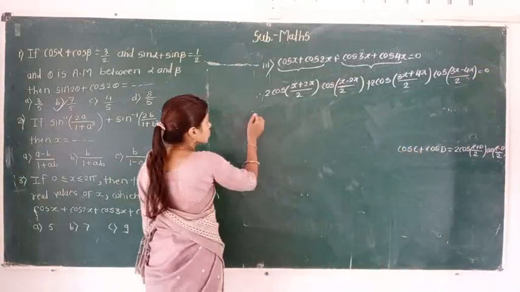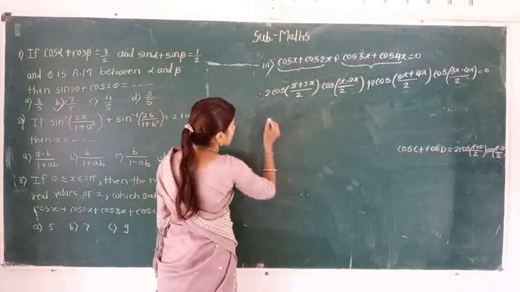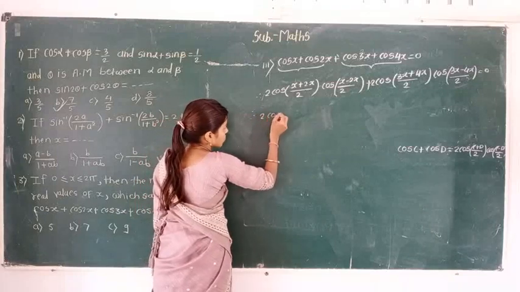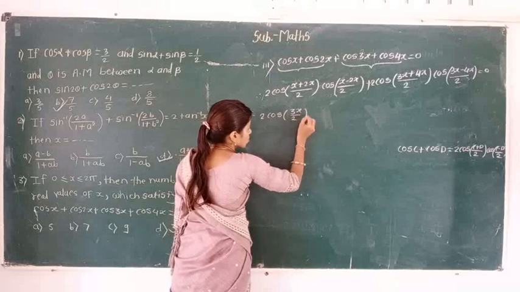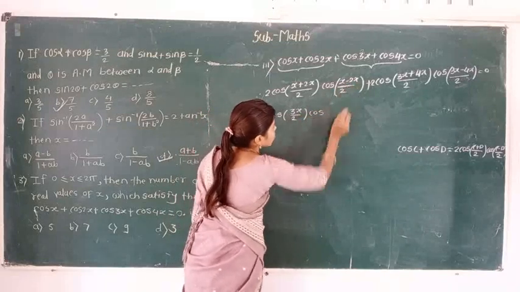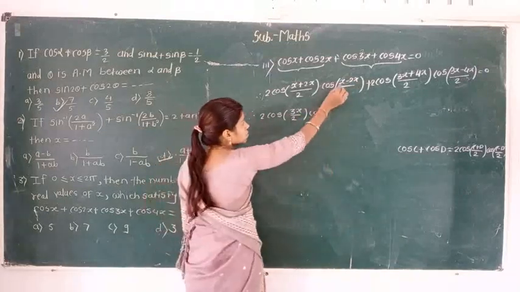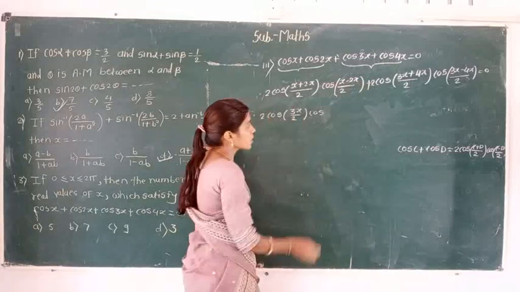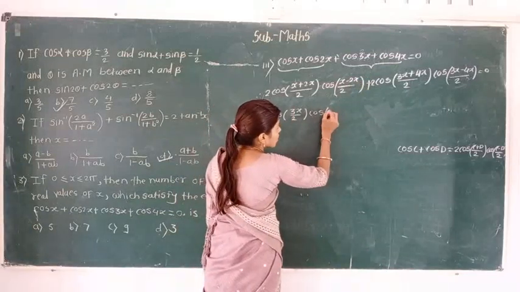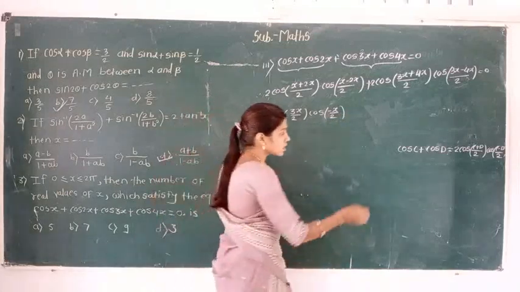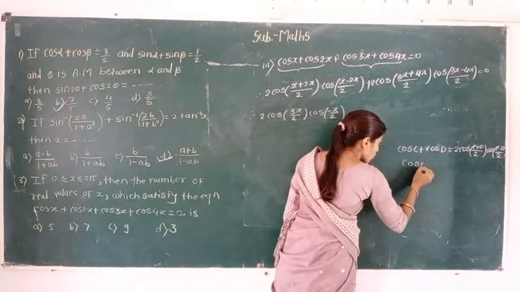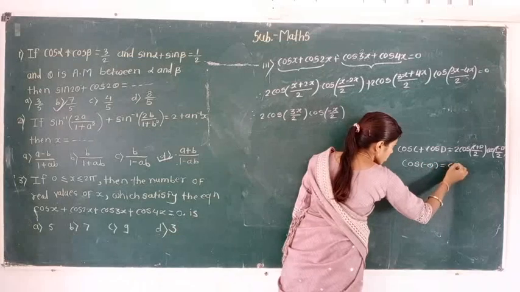Okay, now simplify all the brackets. We can write 2 cos(3x by 2) into cos of minus x by 2, but we know the negative angle formula: cos of minus theta is cos theta.